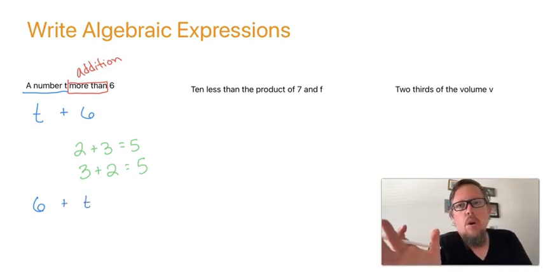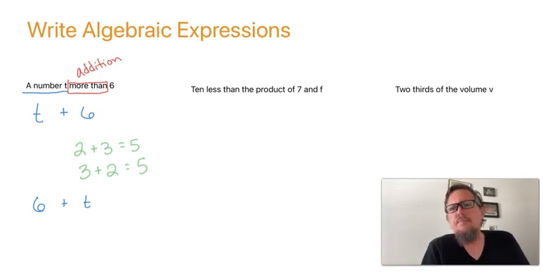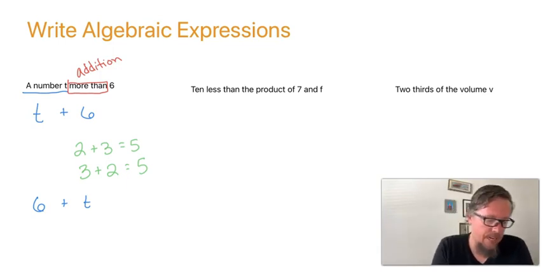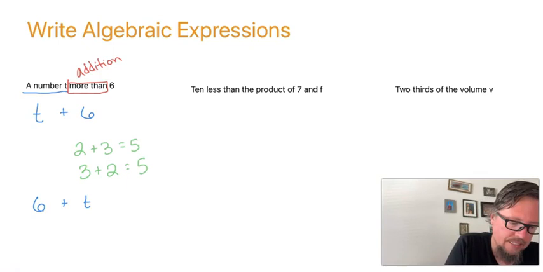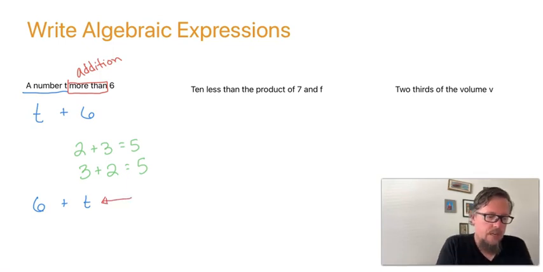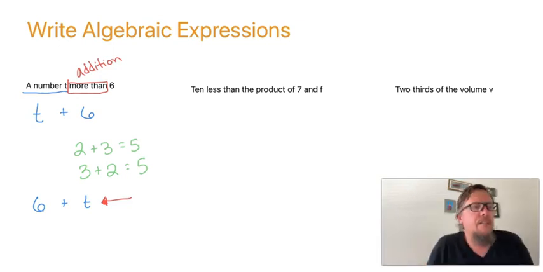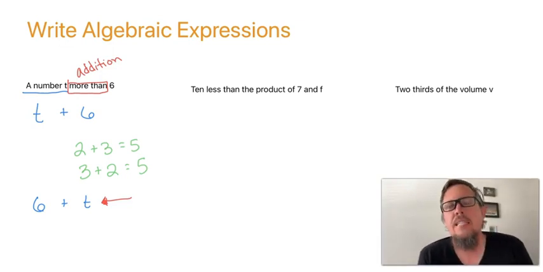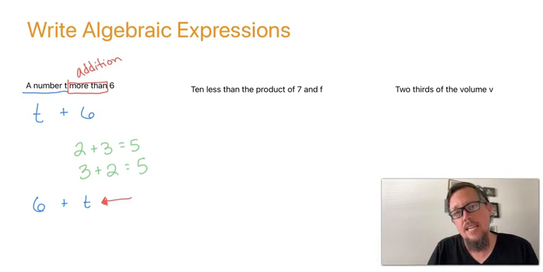Both of these are correct. I'm going to encourage you, though, when you see a number t more than 6, to write it as 6 plus t. I want you to think of the phrase more than as being something added on to the end.